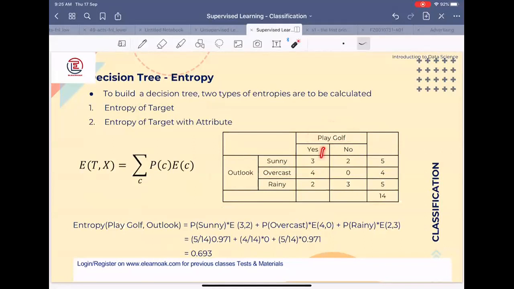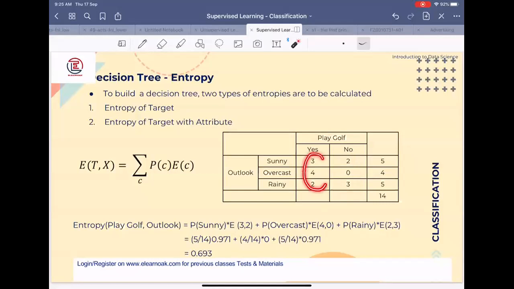Playing golf, if I divide it as yes and no, will be divided into 9 and 5. So we have 9 examples of yes, playing golf, and 5 examples of no, not playing golf.